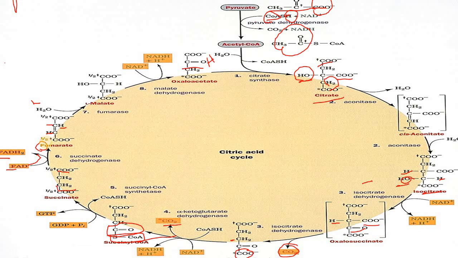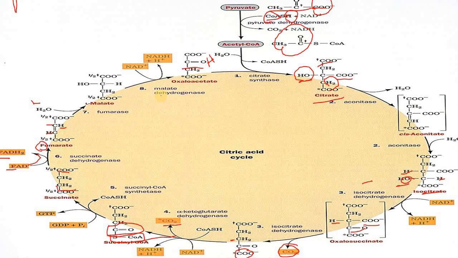H2O means H and OH. So one hydrogen gets added over here, and here you have the addition of an OH group. That results in the formation of L-malate, and this L-malate is finally getting converted to oxaloacetate by the enzyme malate dehydrogenase.